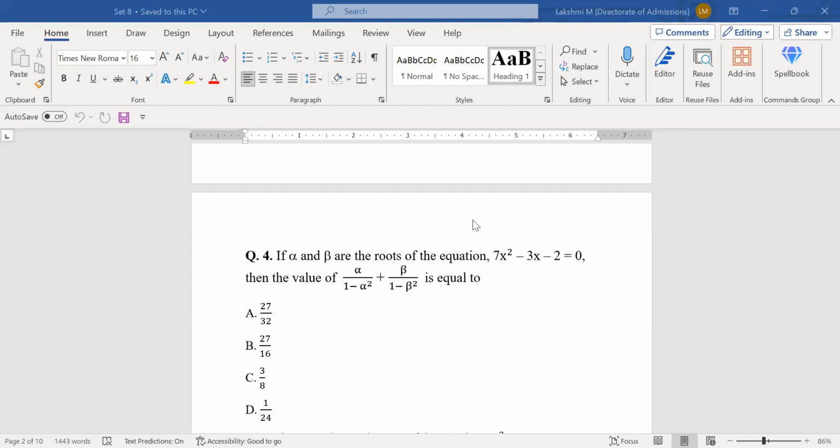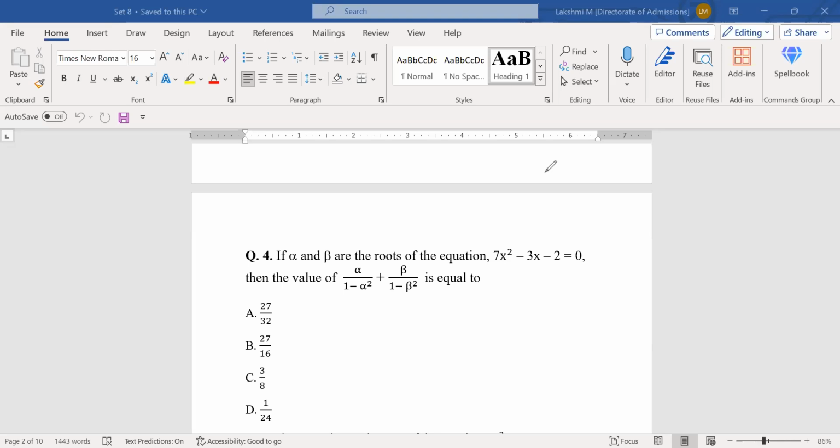Coming to this question, okay, 27 by 16. Two people are saying they're not able to see the screen. Is there any issue like that? 27 by 32, 27 by 16 are the options that I got.